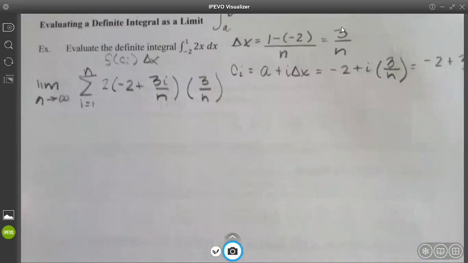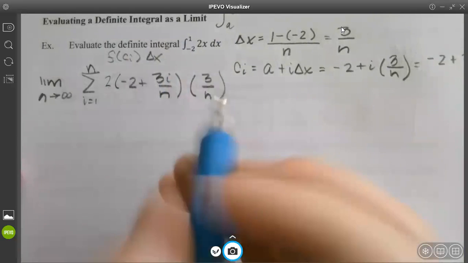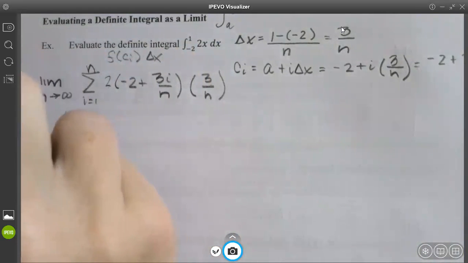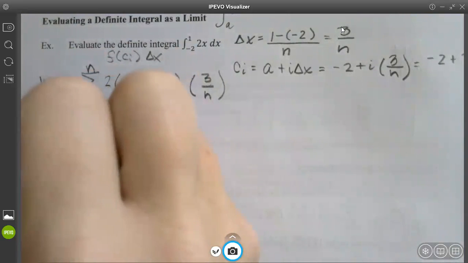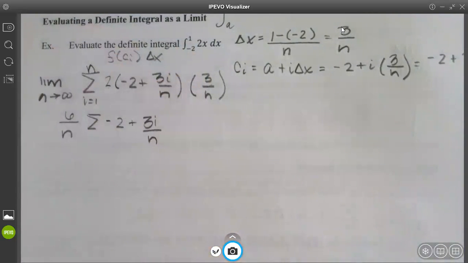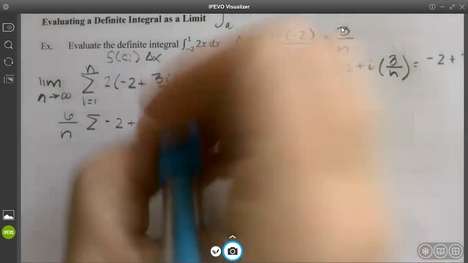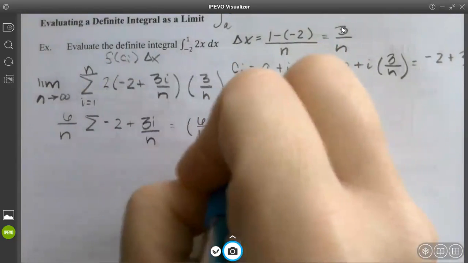All right, so from here, it's all reduction and summations. I'm going to multiply this 2 times 3 is 6 over n, and I need to pull that out. So we're going to pull out our constant, just like always. And we're left with a summation of -2 plus 3i over n, which is going to give us 6 over n.